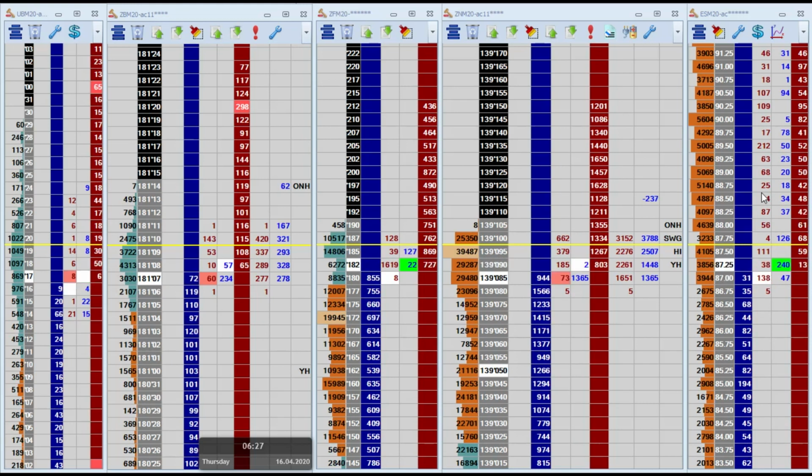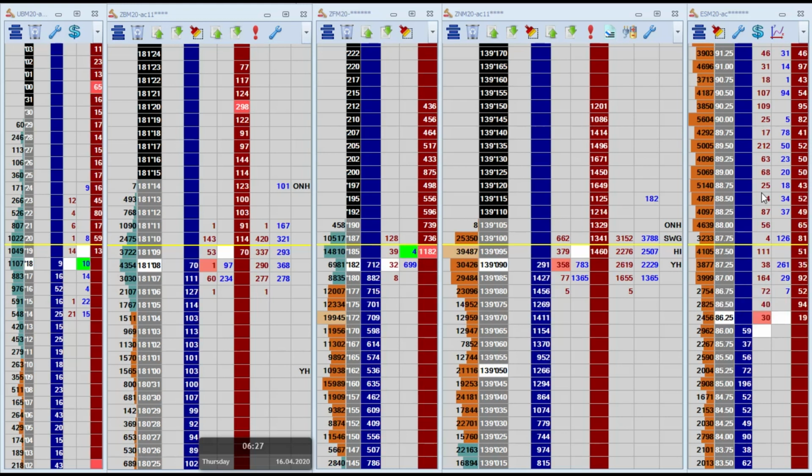This is all trading on order flow. There's no charts, there's no indicators, nothing like that. I don't really teach you how to use the software. If you want to know more information about that, I would suggest searching for Jigsaw on YouTube. There's plenty of videos on how to use the software.